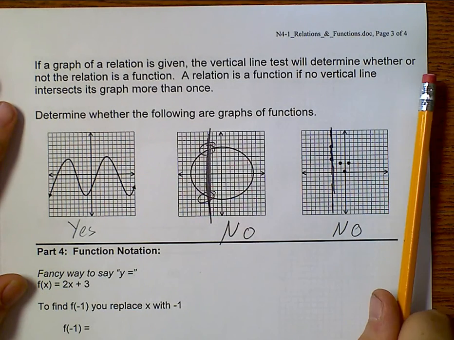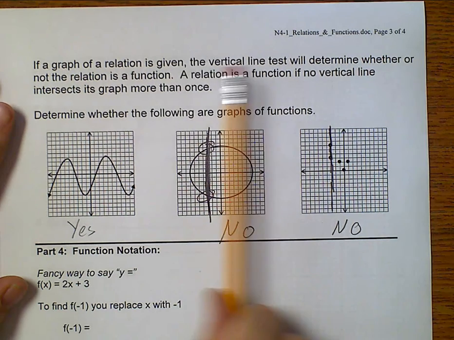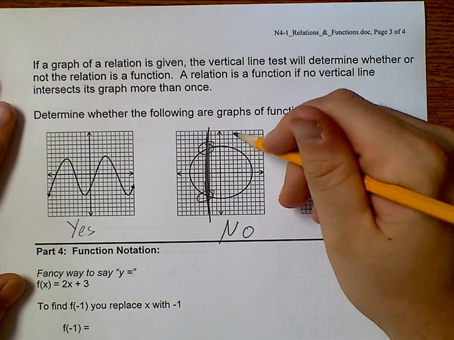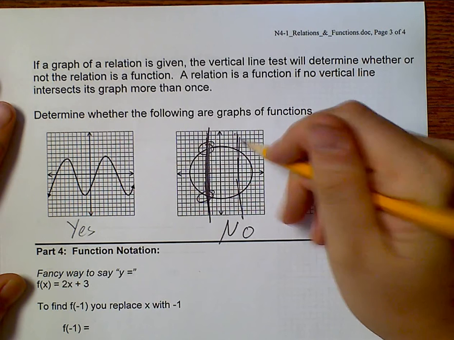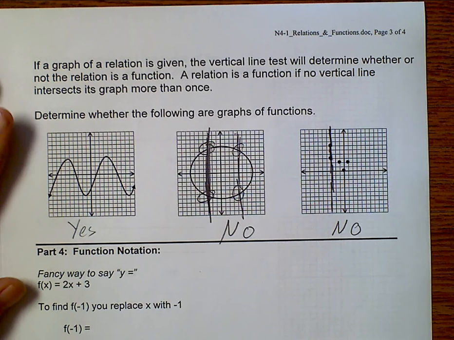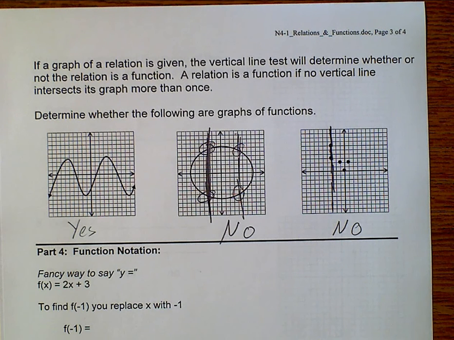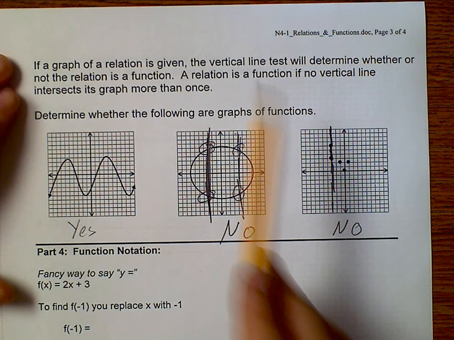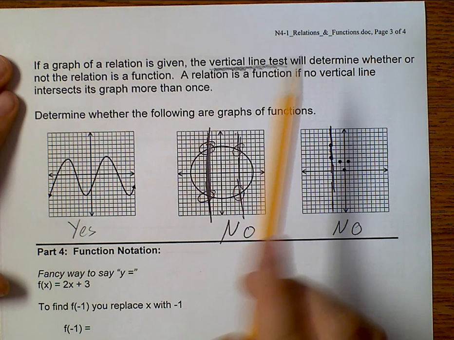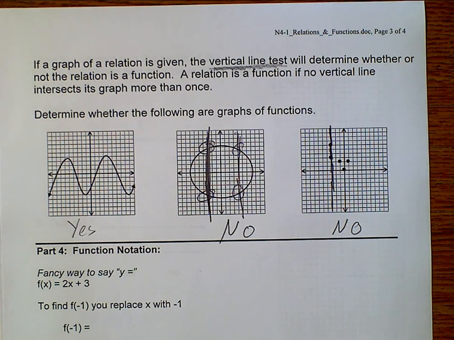Mine just happened to be in both places, but I could draw a vertical line over here and it still fails. So, vertical line test is very nice. If it's already graphed, you can very quickly tell if you have a function or not based on that.